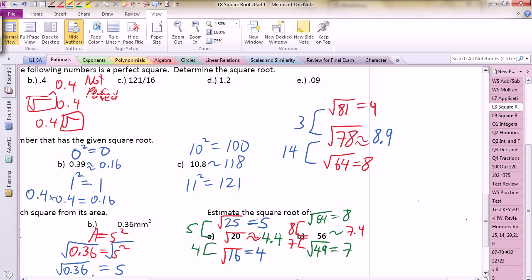Okay, it's got to be really, really close to the 9. Owen, if you're really close to the top number, 78 is only 3 away from 81. Do you agree? So that means your answer must be really close to 9. Whereas 78 is 14 away from 64, so this answer shouldn't be anywhere close to 8.